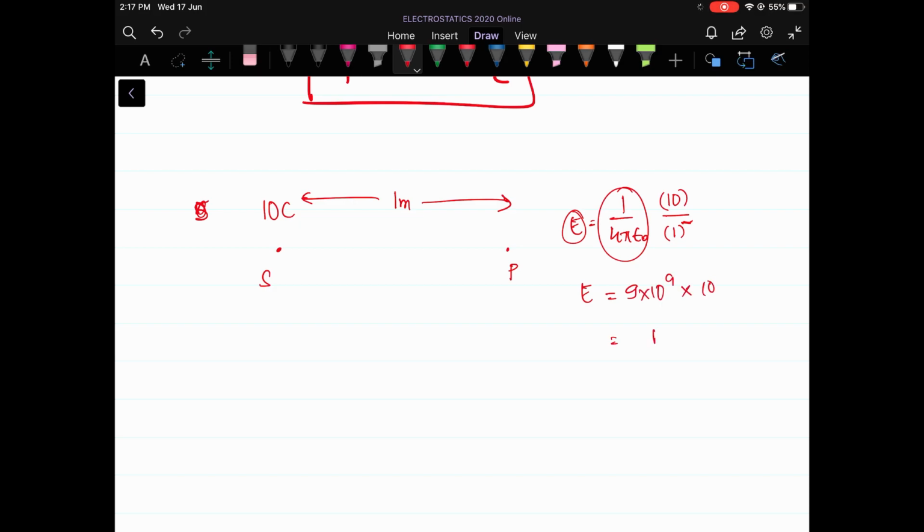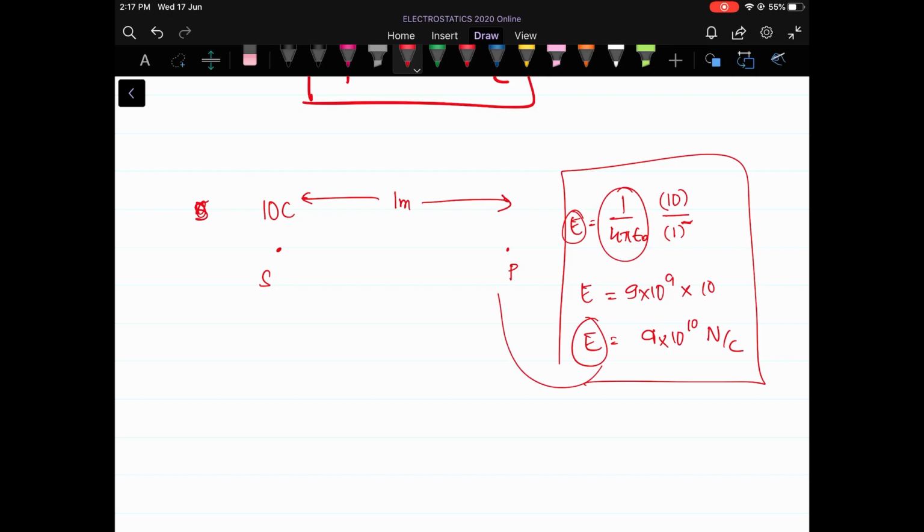So I'm going to get around 9 into 10 to the power 10 newtons per coulomb. So this is how you calculate your electric field at various points when the source charge is given and the distance of the source charge from that point is given.